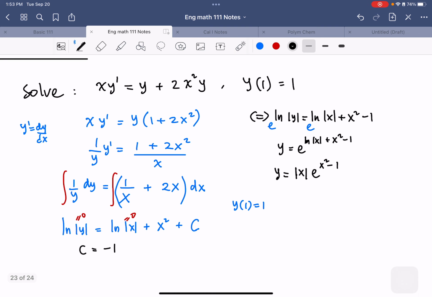When you differentiate, the x squared will go through the chain rule, so you have the 2x and then it will be multiplied with x, so 2x squared. That will be this term, and then it will have a product rule, and the other one will be this y.